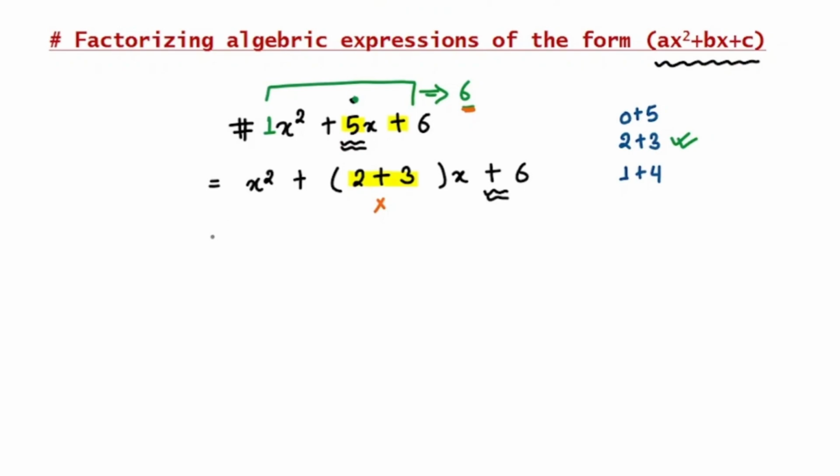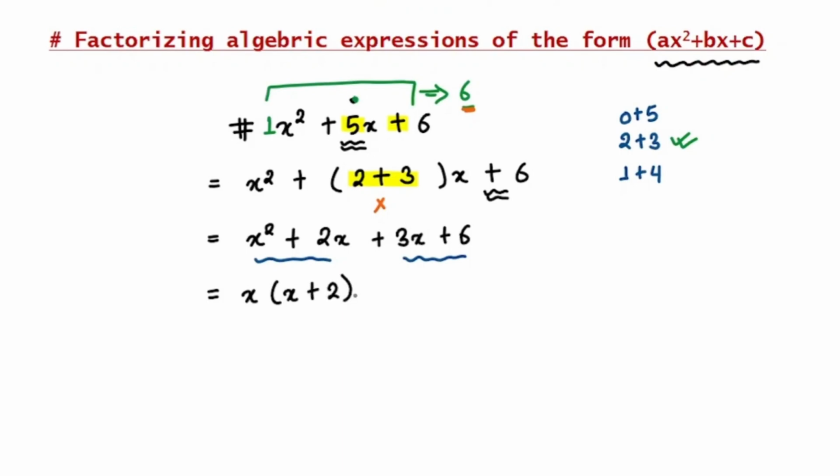So let's solve this. So we have our x squared over here, plus we are going to remove that bracket. So 2 times x is 2x, plus 3 times x is 3x, plus 6. Now we are going to group them into two terms, and then we are going to take common. So we have equals to, we have to take common of these two terms. We can take x as common. So we have remaining x over here plus 2 is remaining there.